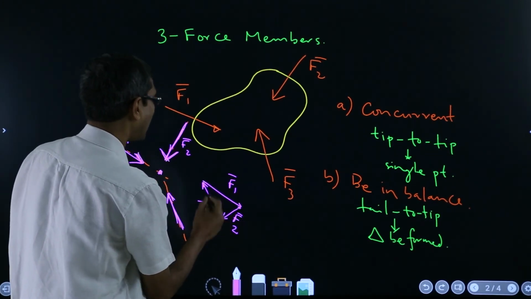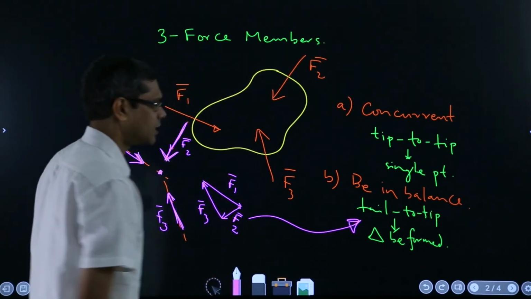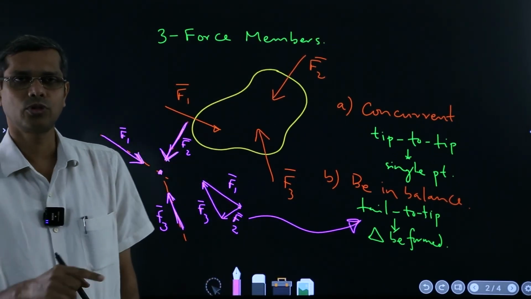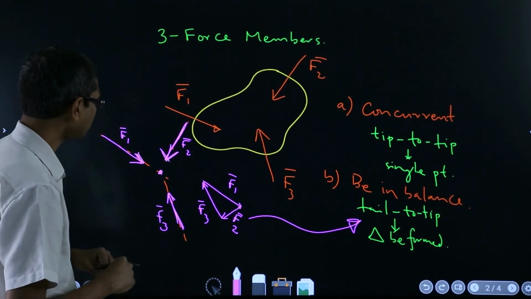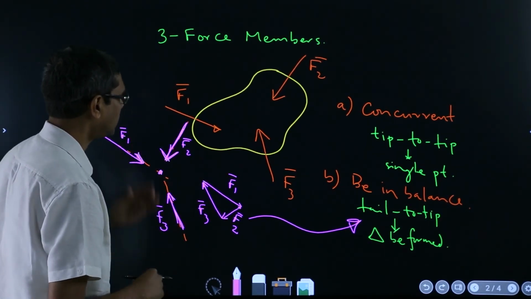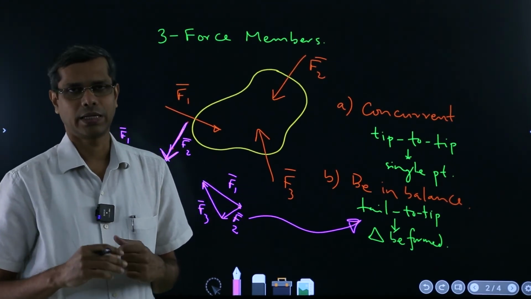So that triangle is this, tail to tip. If you join all the 3 vectors, it should form a closed triangle. So that's the condition for a 3 force body or member to be in equilibrium.